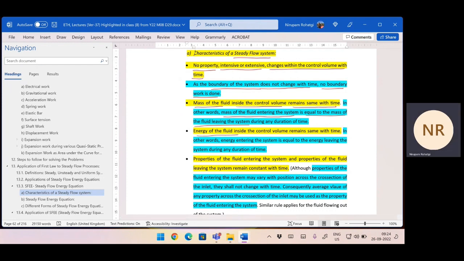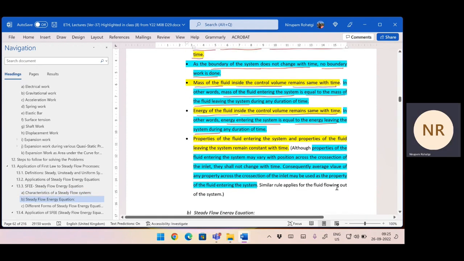Then the energy of the fluid inside the control volume also remains the same. So everything has to remain constant. The energy also remains constant, which means the energy entering the system is equal to the energy leaving the system. Now then, there is something entering because it's an open system.